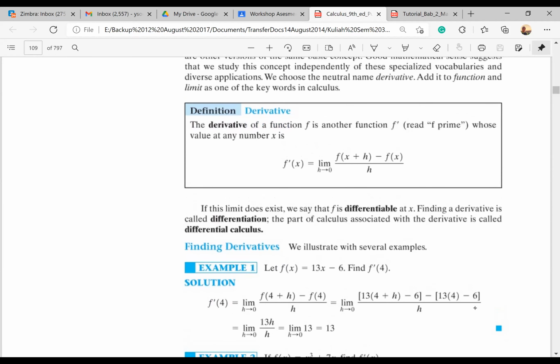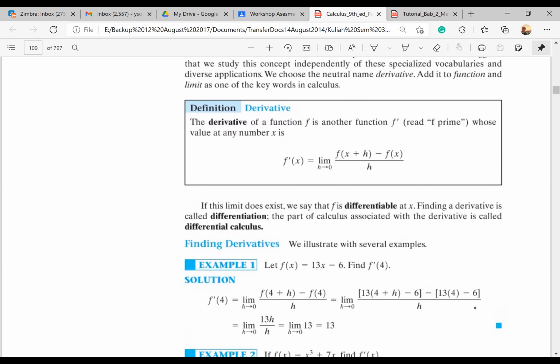And how does the average relate to the instantaneous? Well, you just take the limit of the average as the interval you're averaging over gets smaller and smaller, goes to zero, and then you get the instantaneous rate of change.